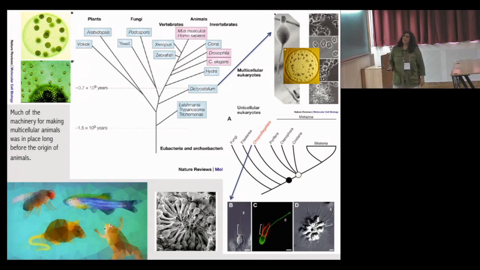This is a soil amoeba called Dictyostelium, which Professor Vidyanand Nanjundaya has been studying for all his scientific life, which is in principle a unicellular organism, meaning it's a single-celled organism, but it exhibits very complex social behaviors, right? I'll show you a picture of that in a little while.